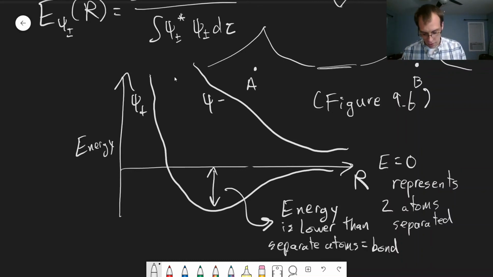So if the system is in the psi minus wave function, it'll prefer for the atoms to separate, whereas if it's in the psi plus wave function, there'll be a preference for the atoms to stick together and stay as a molecule. And this is with just one electron holding the system together. This arises from quantum mechanics. In the next video, we'll finish up looking at H2+, looking at the probability distributions of the electrons.